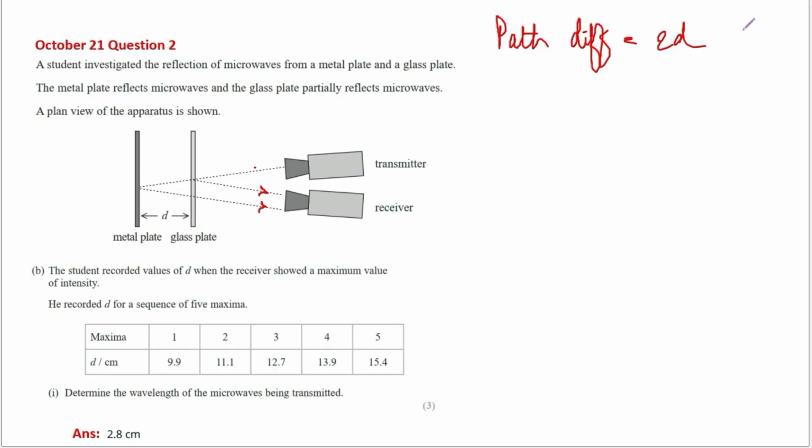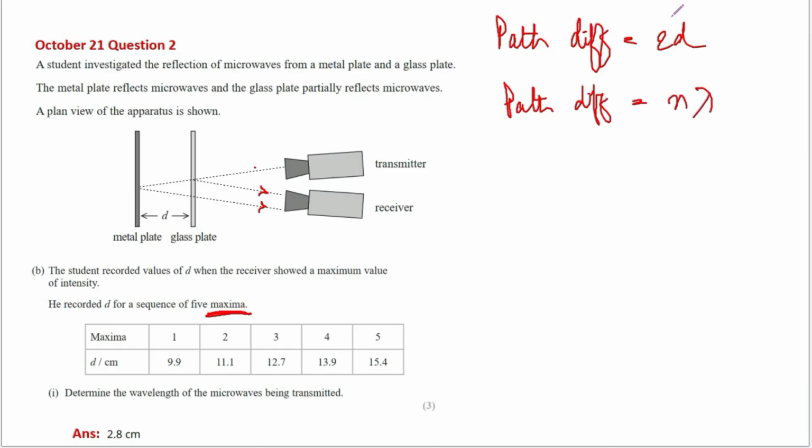He recorded d for a sequence of 5 maxima. And let me remind you, when does a maxima occur? They have specified maxima, not minima. So a maxima occurs when the path difference is a whole number of wavelengths. So the path difference should be n lambda.